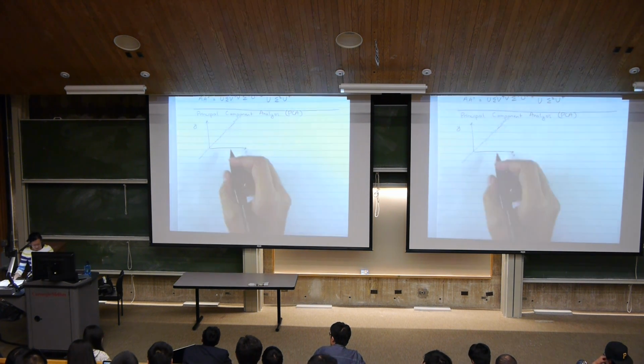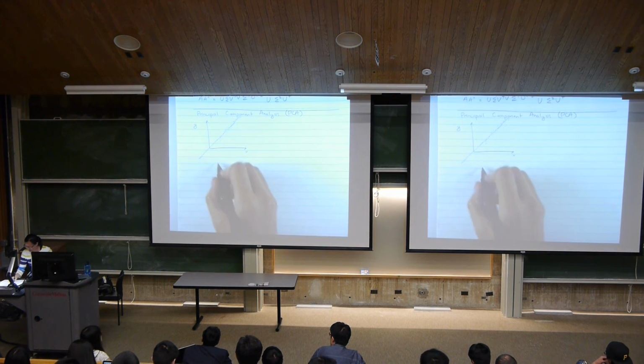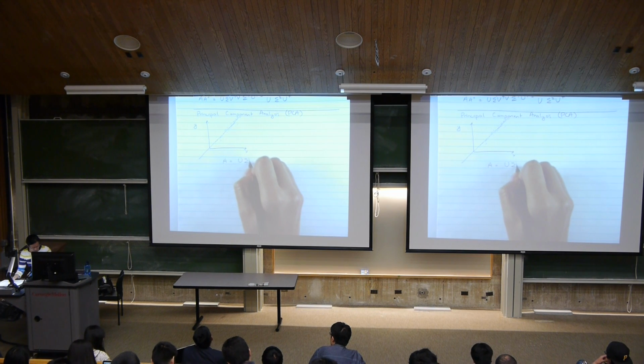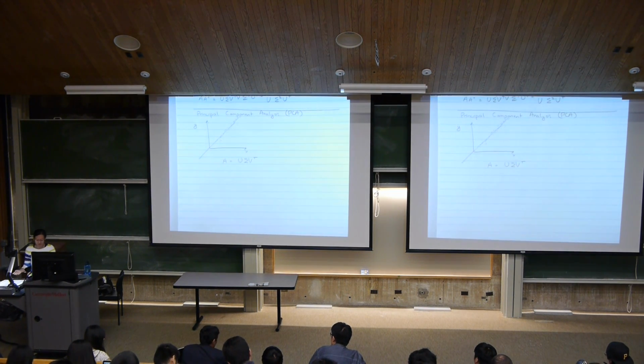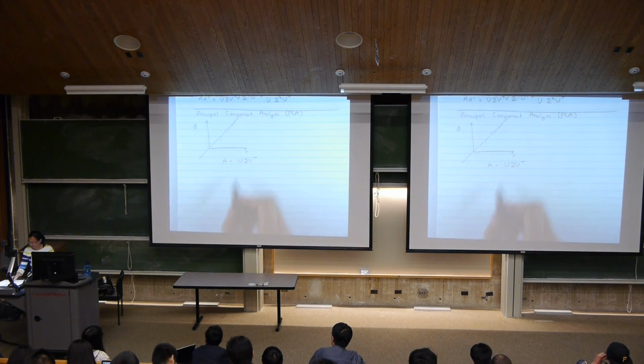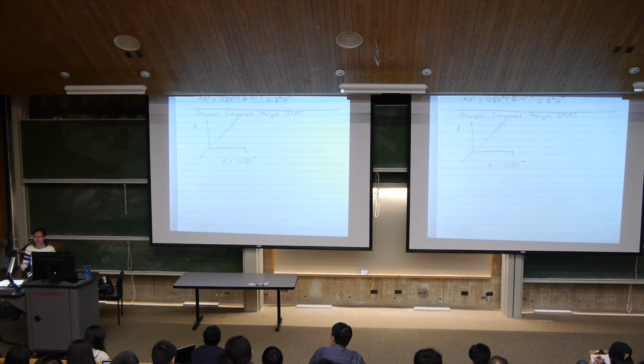So if we take the SVD of a matrix A, we want to write A as a sum of simpler matrices.